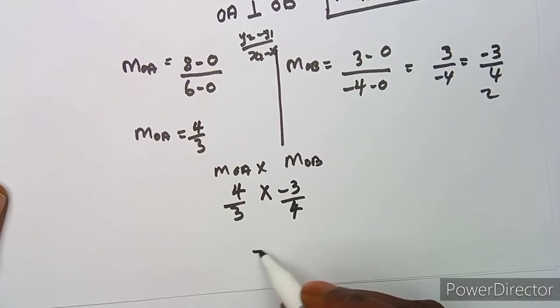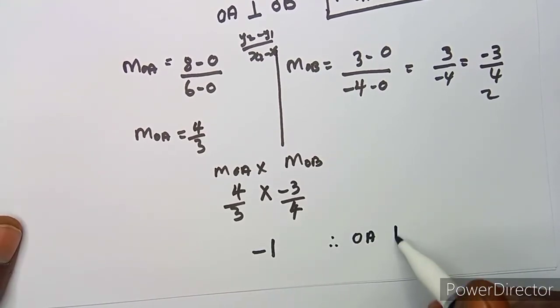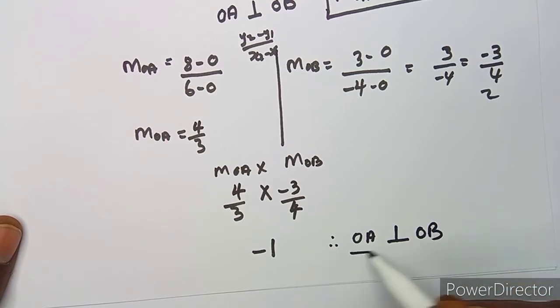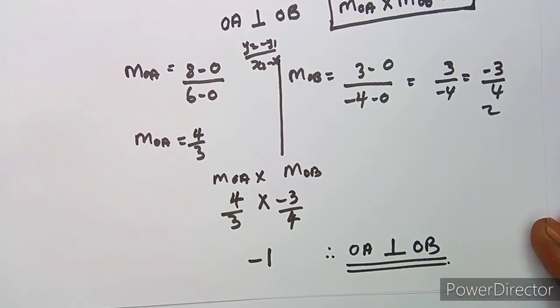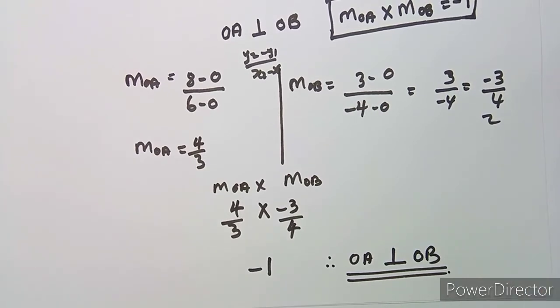Definitely here we obtain minus 1. So therefore OA is perpendicular to OB. These two lines are perpendicular to each other. So that is the concept, guys. When two lines are perpendicular, the product of their gradients, from your notes, is going to give us -1.